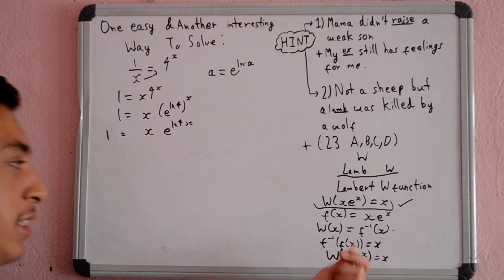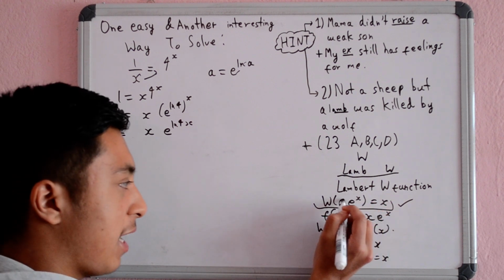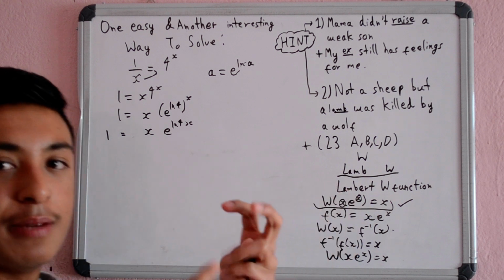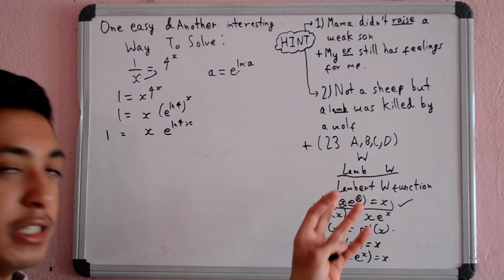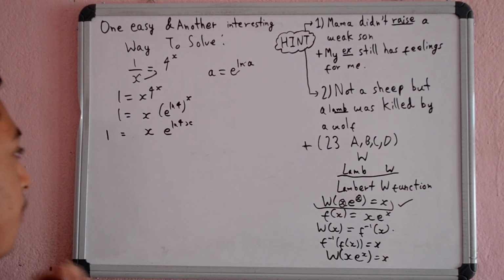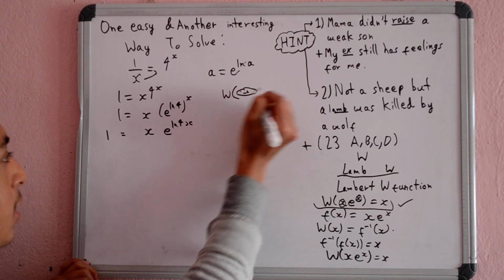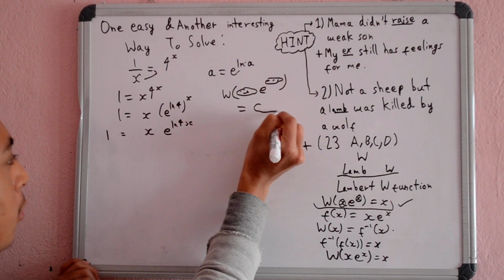Now, you can see for this one we need to have the same x in front of the e and the same x in the power of e. So basically Lambert W of, let's say, a potato, times e to the power that potato will give the potato back.